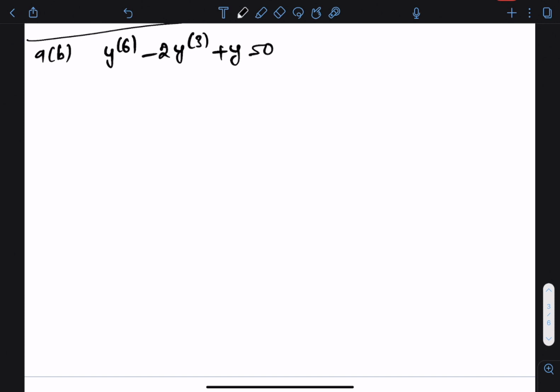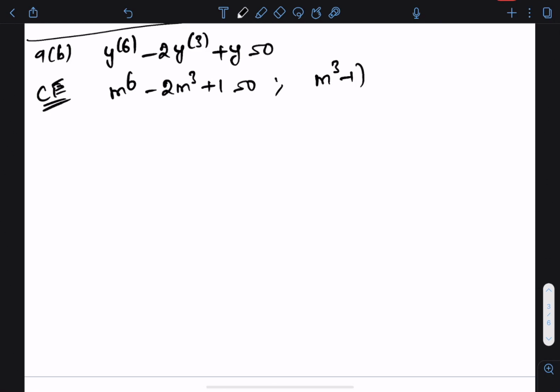So in this case, again you write down the characteristic equation, which is m power 6 minus 2m cube plus 1 equal to 0. On this you can observe that this is actually a quadratic equation in m cube. So this is actually m cube minus 1 whole square equal to 0.